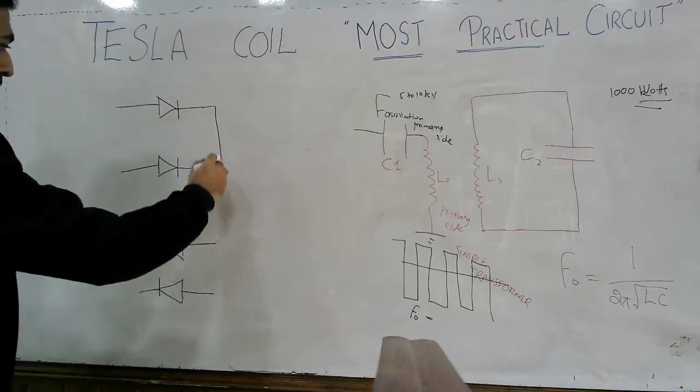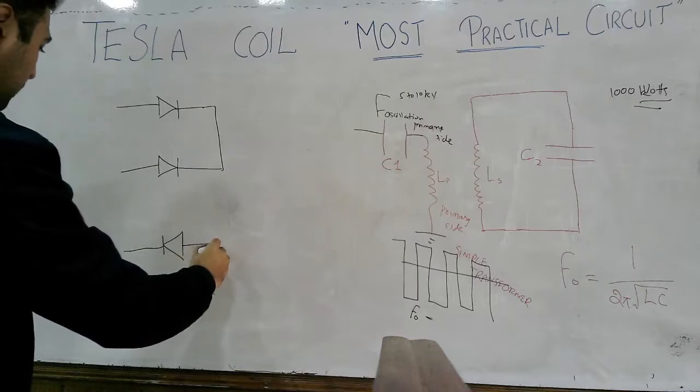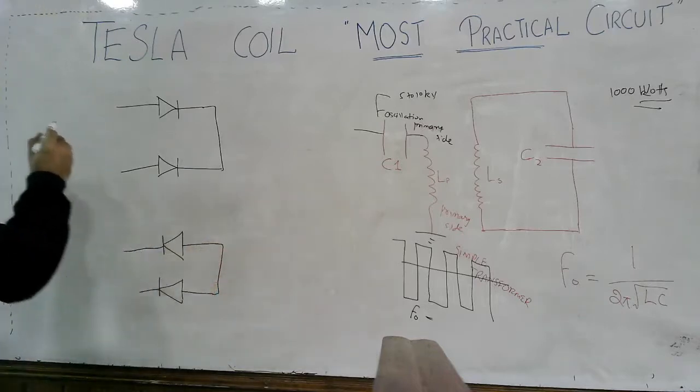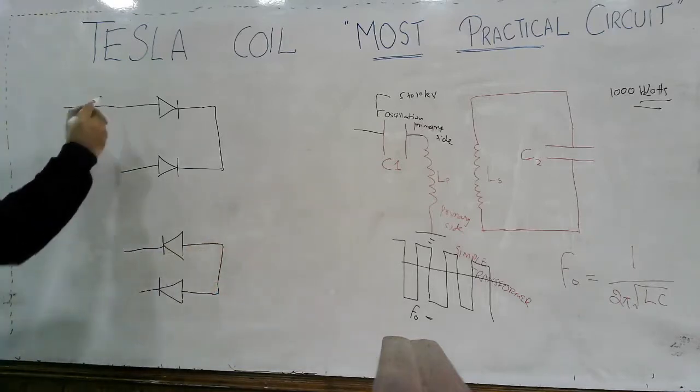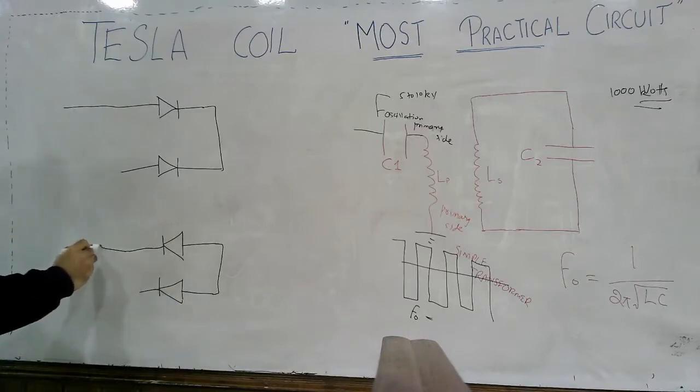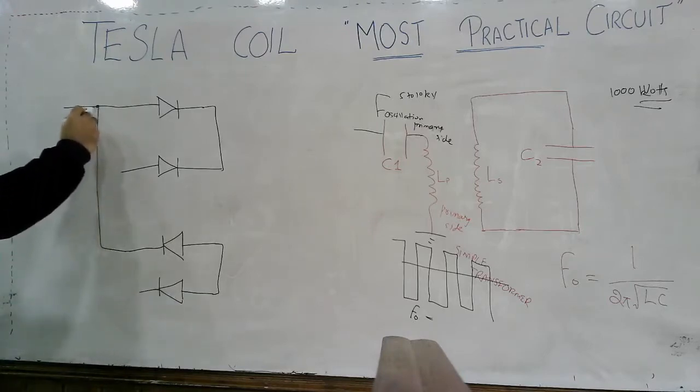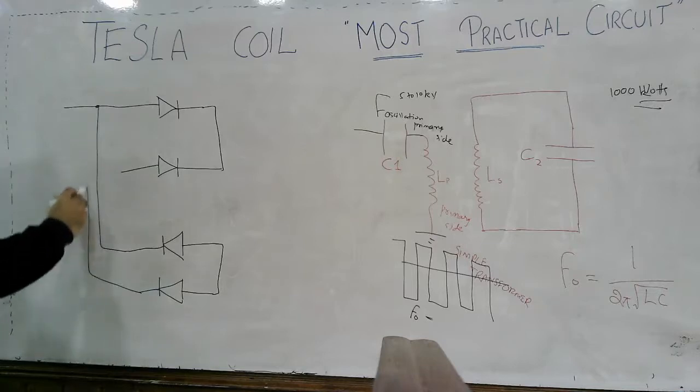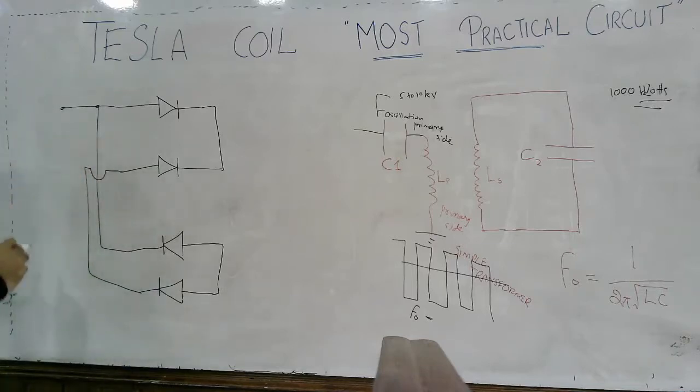They are connected in this manner. They are connected here, and this diode is connected here, and this diode is connected with this diode, and here you supply the AC waveform.